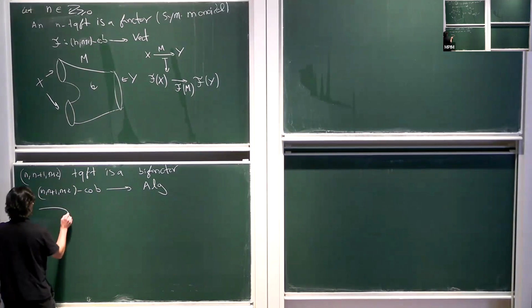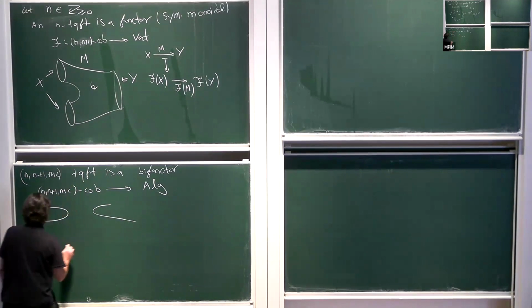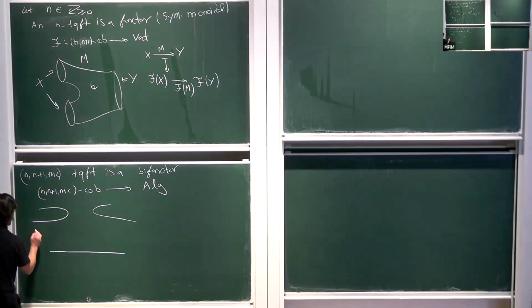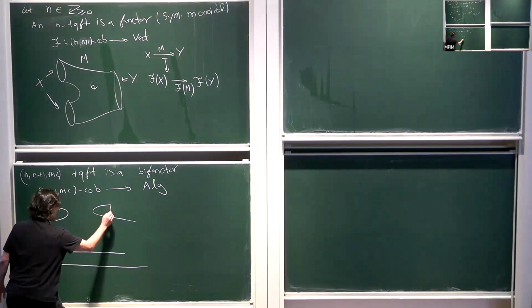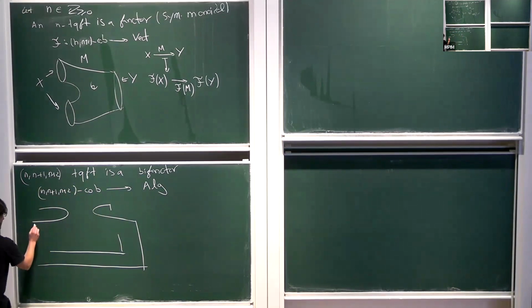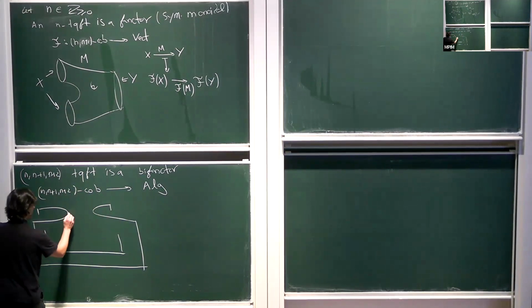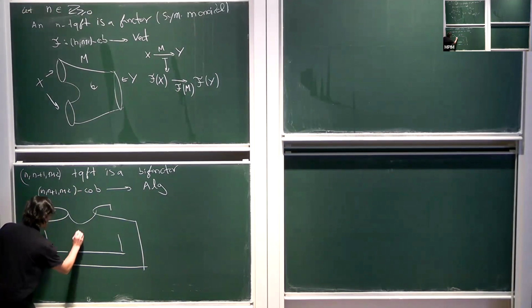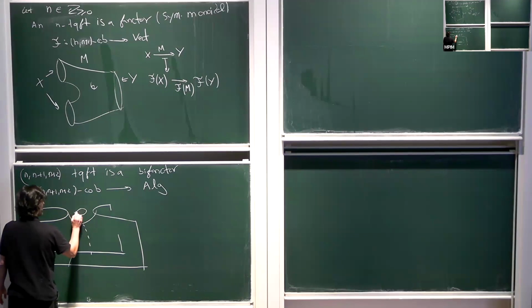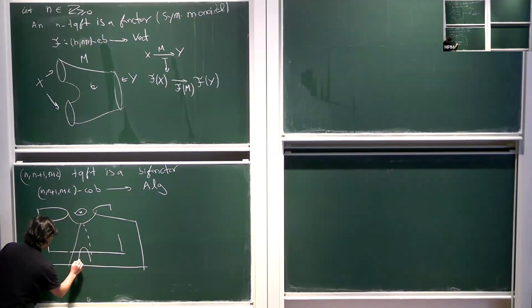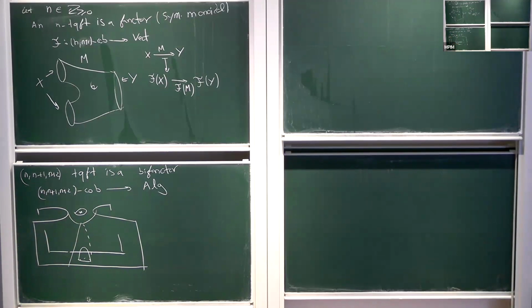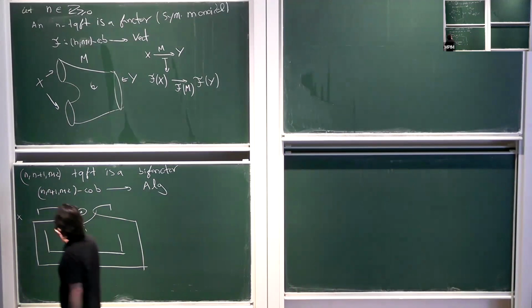So I'm just going to draw the usual drawing of what these things are. I could have a diagram like this, right? Can everyone visualize this? So I have a manifold X here, which consists of this bit here and this bit here.